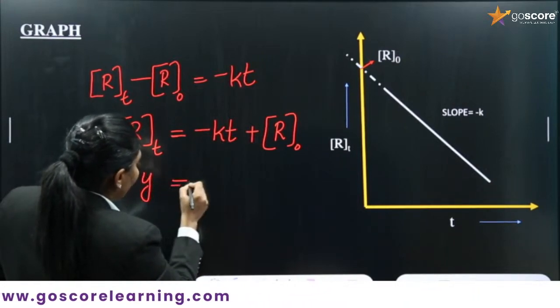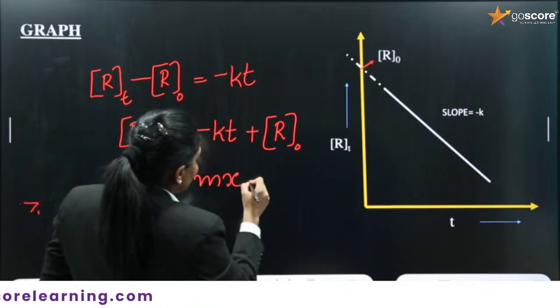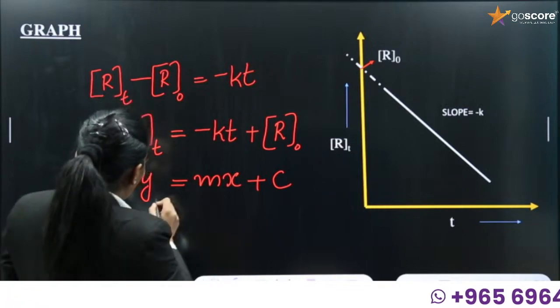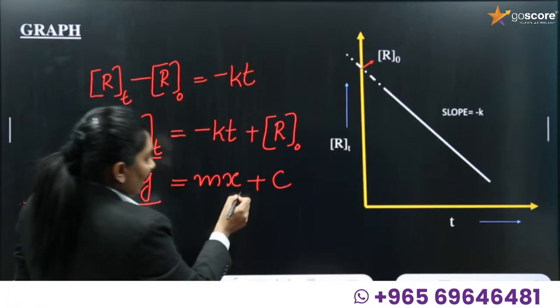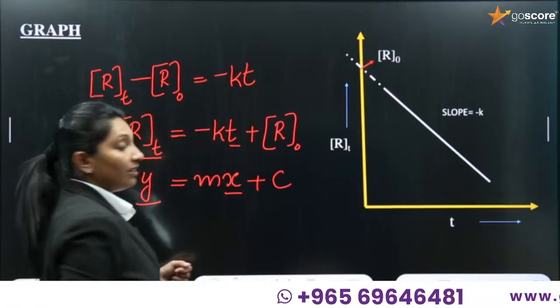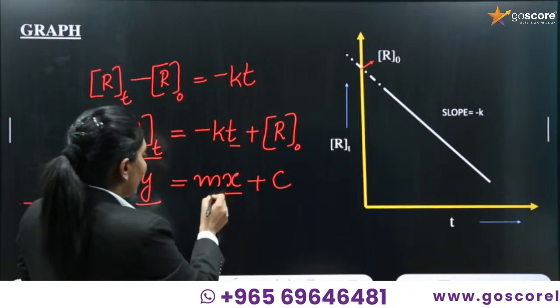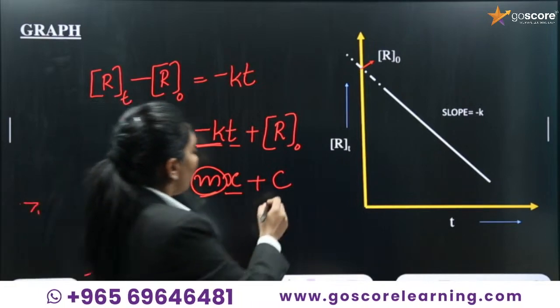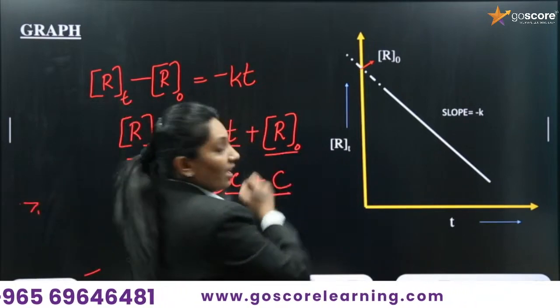So, what is this equation? It is y equal to mx plus c. That is the equation for a straight line with y-axis Rt, x-axis we are taking the time, and what's the slope? m, that is minus k, negative slope. What's the y-intercept you are getting? R0.